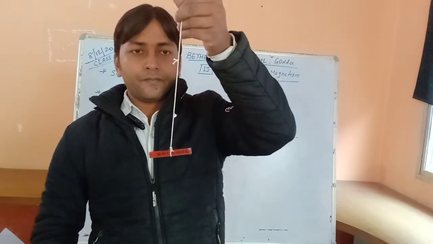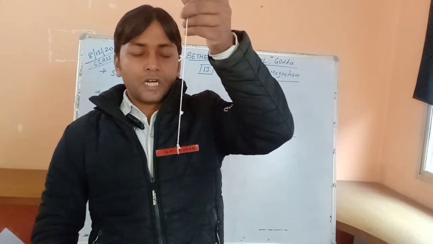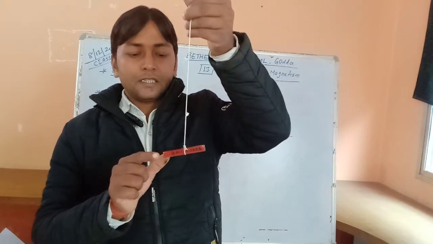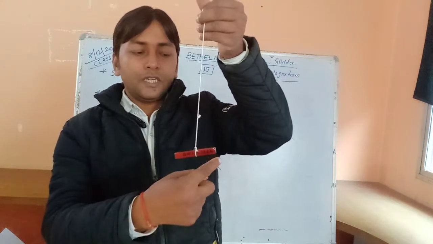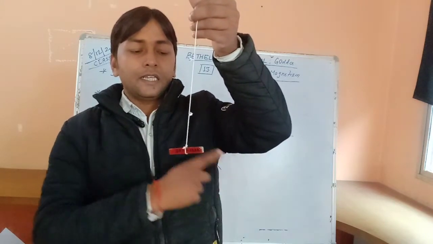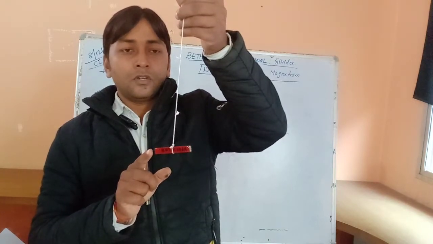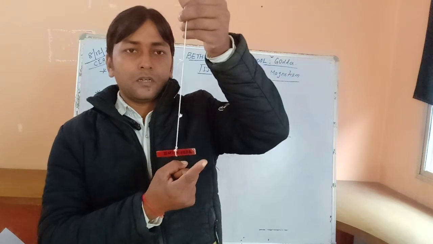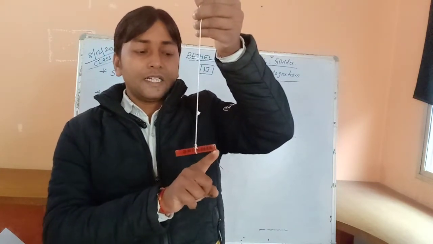Now the magnet stands towards the north and south direction. This pole is standing towards the north direction and this pole is standing towards the south direction. That's why this is known as the north pole and this is the south pole. I hope you got it.